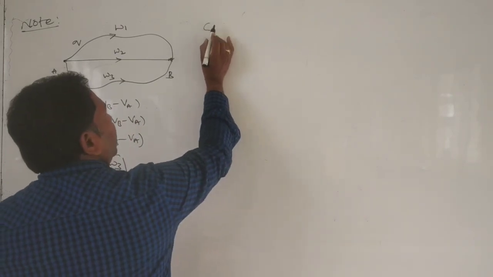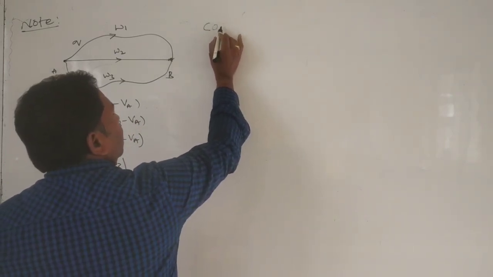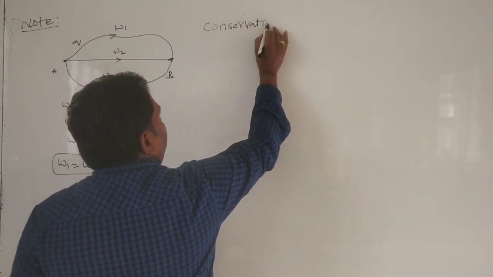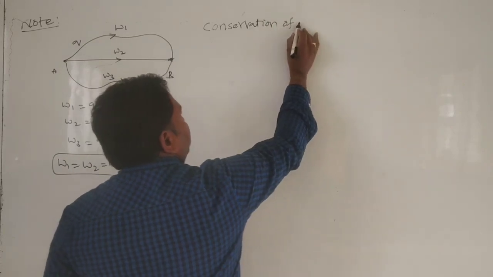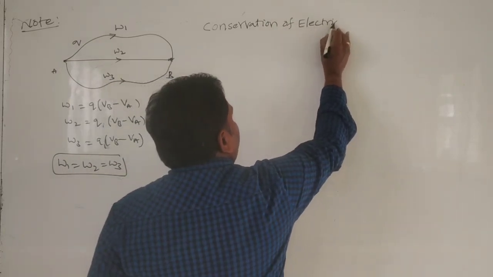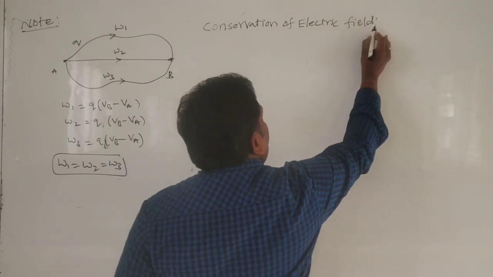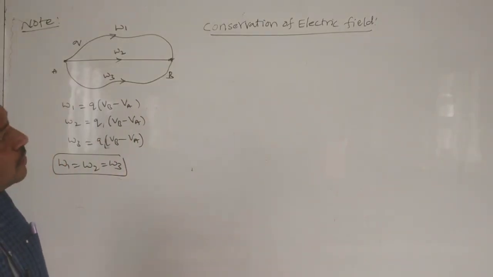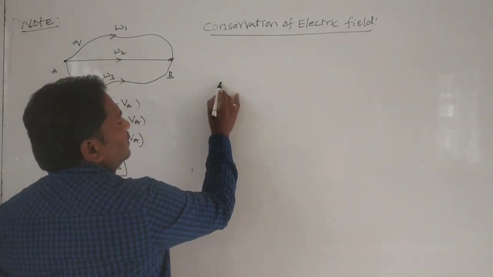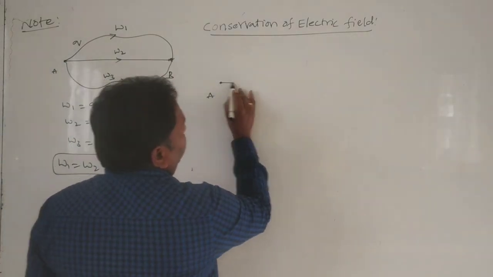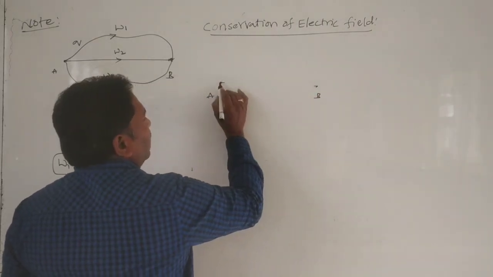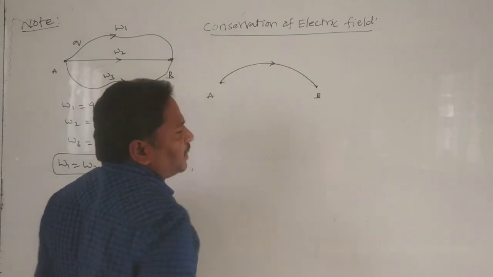Next, conservative field. Conservation of electric field. So now how to define the conservative nature of the electric field? Suppose this is point A. We travel to point B in this path.